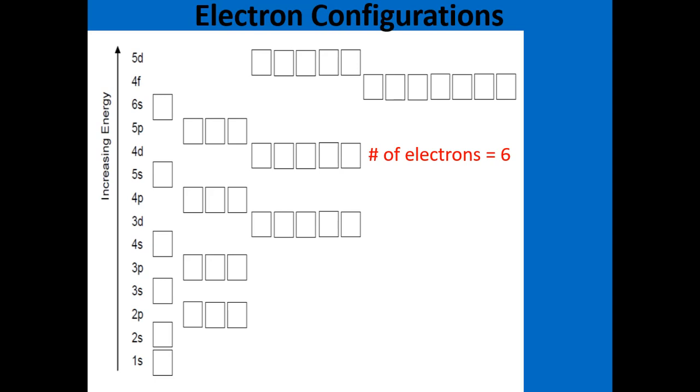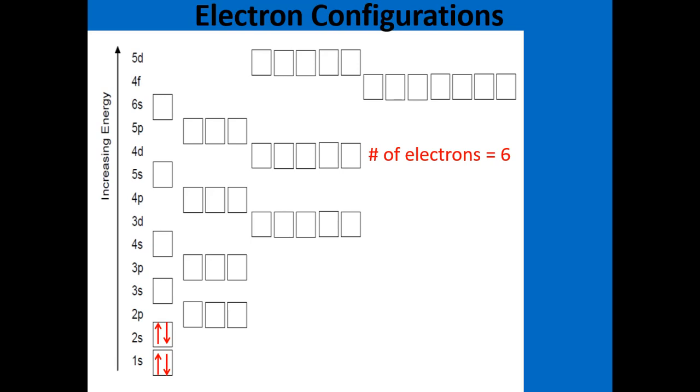If we take a look at carbon, we have 6 electrons. We have 1 electron in the 1s up, and then 1 electron in the 1s down. And then in the 2s we have 1 electron up and 1 electron down. And then in the 2p we have to follow Hund's rule.